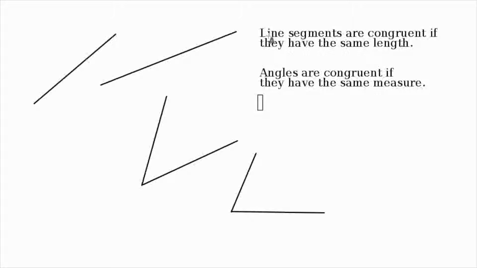Now, let's use what we know about logic and proofs. Let's see if we could prove that in a certain situation we have congruent angles. I want to talk about a situation where you have two lines that cross, two line segments. As you can see, you form four angles.